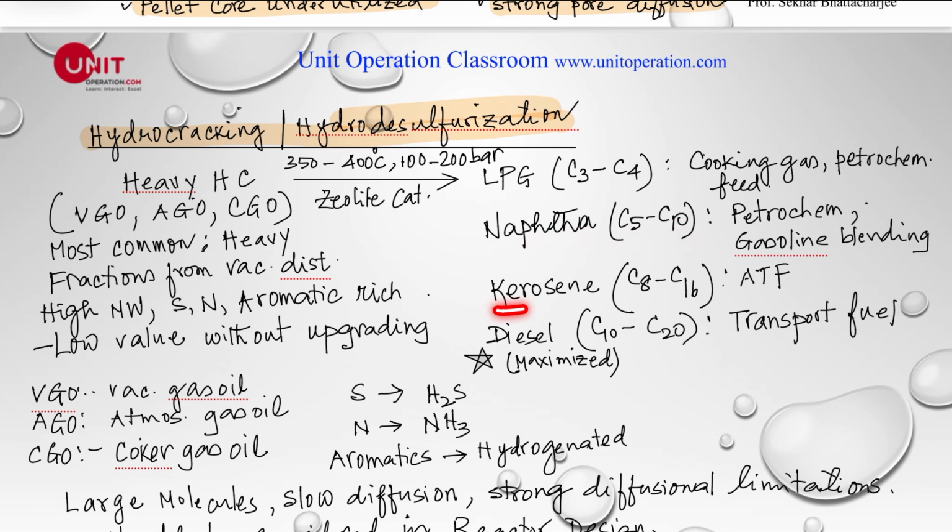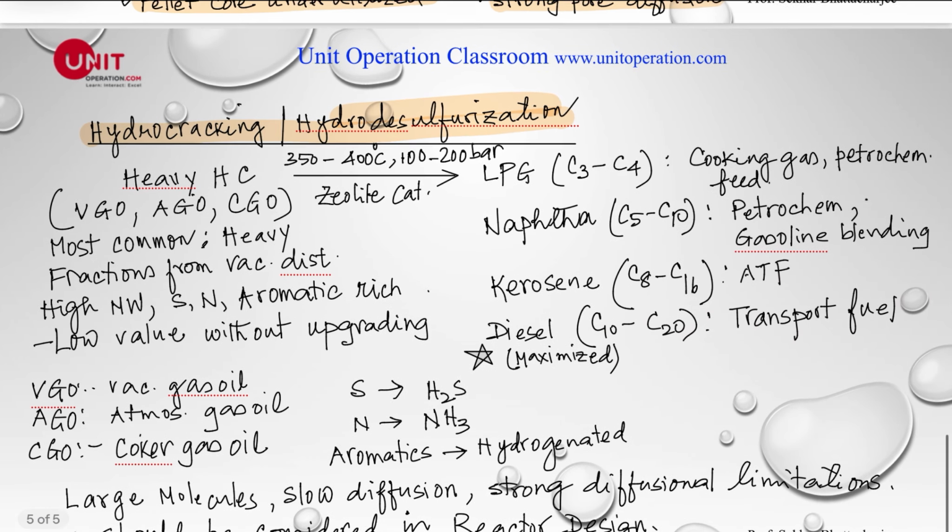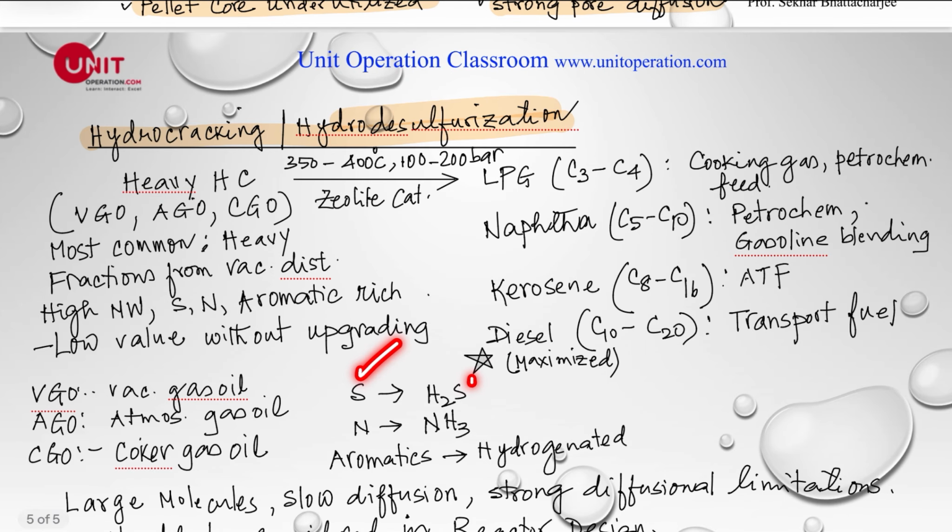Kerosene, C8 to C16 range, is used for aviation turbine fuel, and diesel they try to maximize in the hydrocracking process. This is the carbon range for the transport fuel, which we all know. And of course, at the same time, sulfur gets converted to H2S, nitrogen gets converted to ammonia, and the aromatics are hydrogenated.